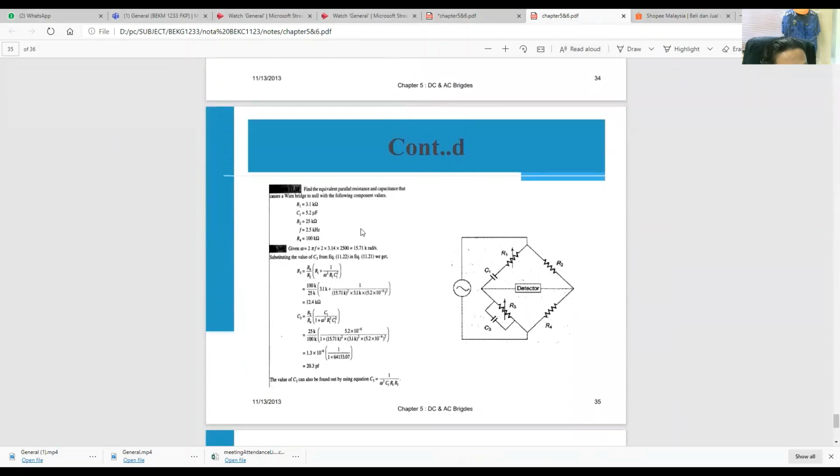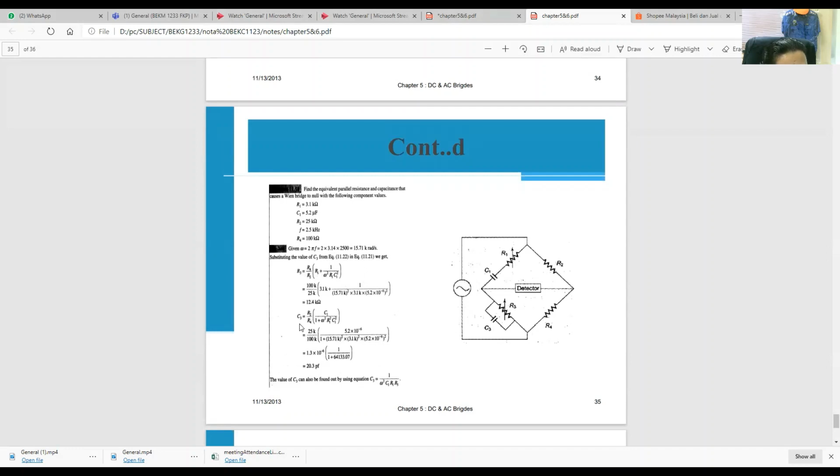So here is an example. Given here you can see the values of R1, C1, R2, the frequency F, and R4. You have to calculate R3 and also C3 using this formula. The value for R3 equals R4 divided by R2 multiplied by R1 plus 1 over omega squared R1 C1 squared.